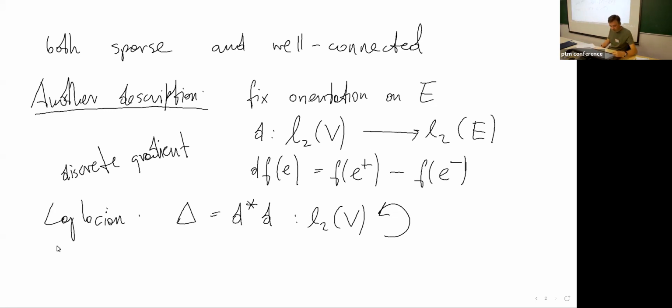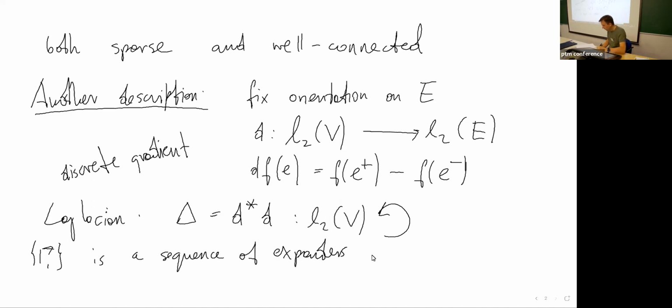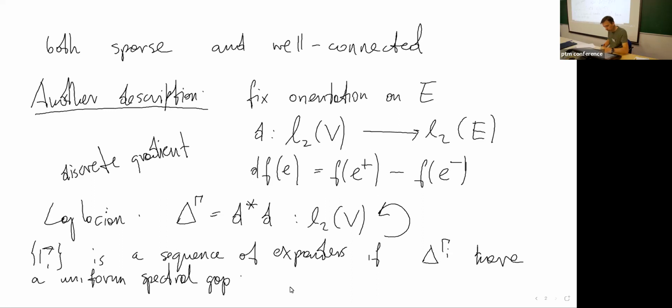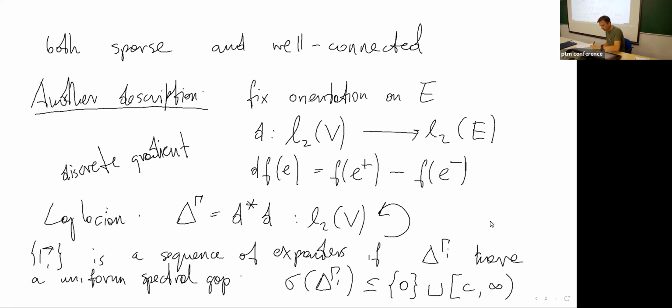Okay, so gamma I is a sequence of expanders if the Laplacians of gamma I have a uniform spectral gap. What that means is that the spectrum of the Laplacian of gamma I is contained in zero, disjoint union with some interval [C, infinity), where this C is independent of I. Are you assuming your graph is connected?